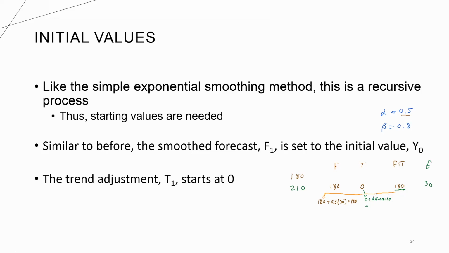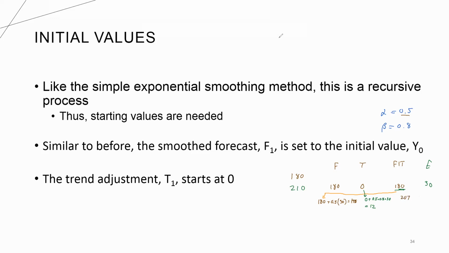Right, so 0.5 times 0.8 is 0.4, times 30 is 12. So now our trend adjustment is 12. So we're going to bump that 195 up to 195 plus 12, which is going to be 207. That's our forecast for next time.